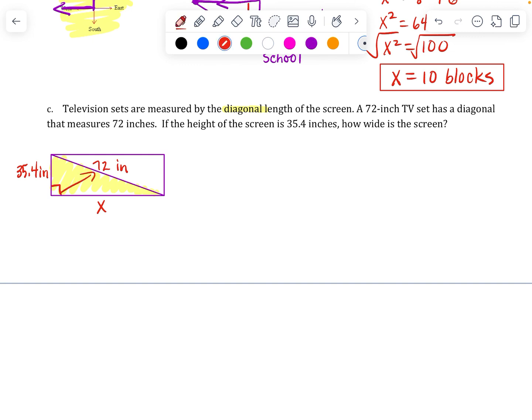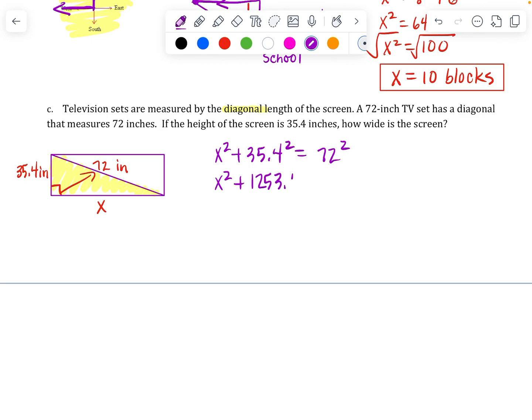Again, my hypotenuse is across from the 90, and the other two sides are the legs. So the correct way to use the Pythagorean theorem is to say x squared plus 35.4 squared equals 72 squared.